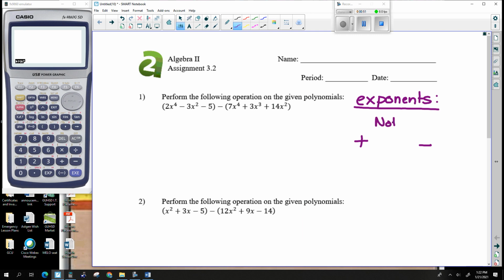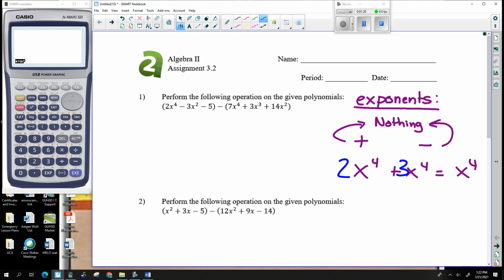You do nothing with the exponents. So like x to the fourth plus x to the fourth, that's going to stay an x to the fourth. Now, what you're going to truly have to add and subtract is the numbers that are on the outside, the coefficient of them. So you don't do anything as far as the x to the fourth is concerned.